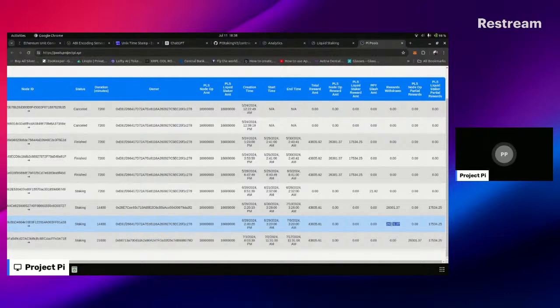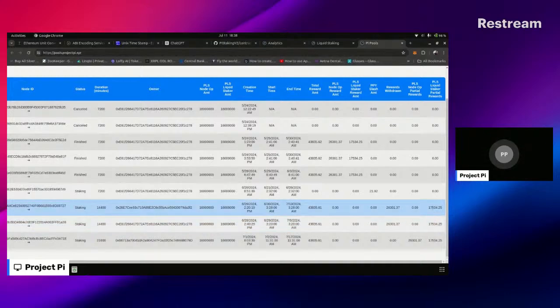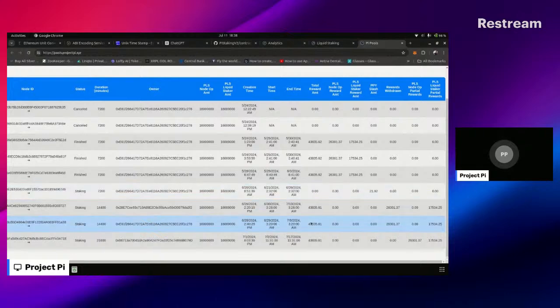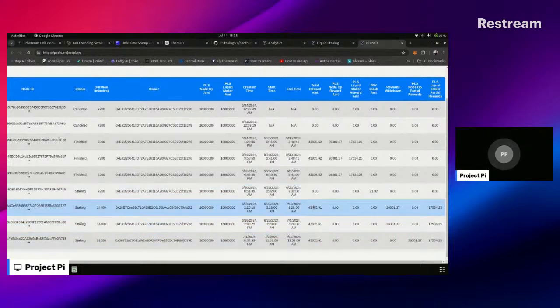That shows you have the correct location for the node operator to receive partial rewards. You also have the Pulse Liquid Staker partial rewards as well, and it shows the actual total amount, which is fairly consistent as well.